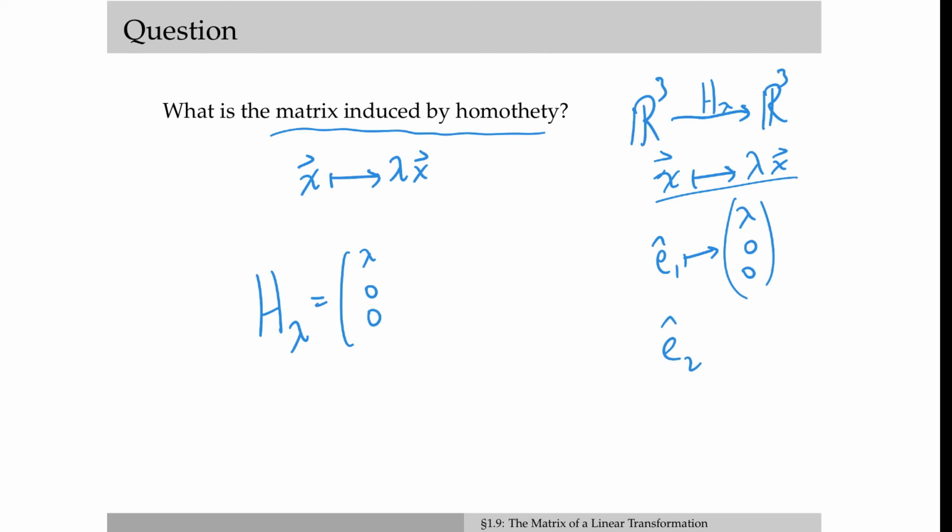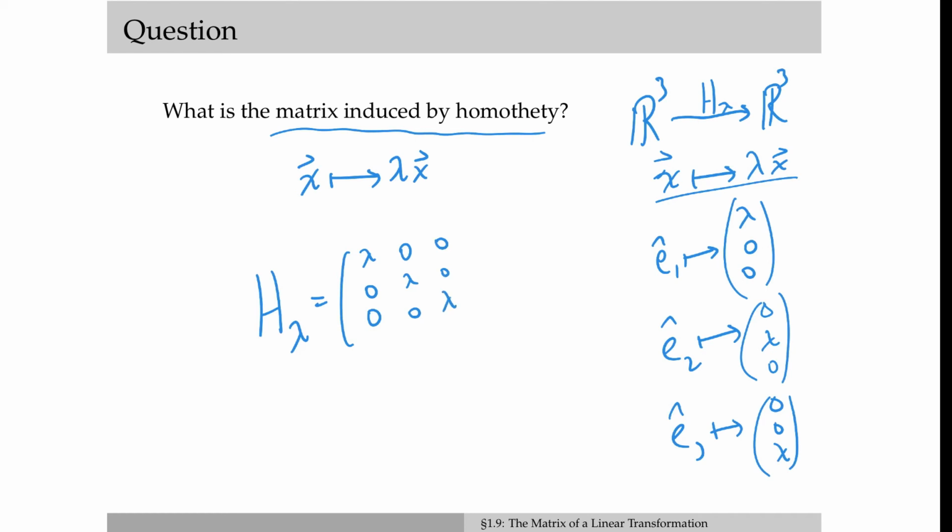What's h sub lambda's action on E2? Well, it's 0, lambda, 0. So that's 0, lambda, 0. And then finally, what's the action for E3? Well, it's 0, 0, lambda. And so what we actually see here is it's lambdas on the diagonal and zeros elsewhere.